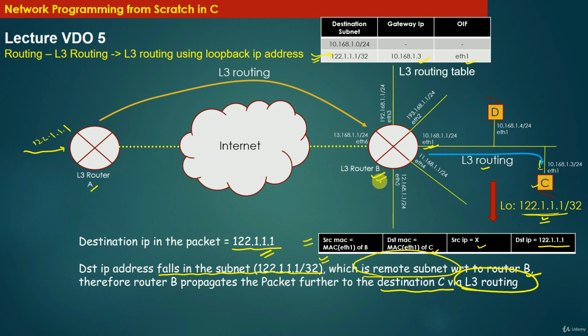So when does the router decide whether it has to propagate the packet further using L2 routing or L3 routing is the concept that we should understand here.